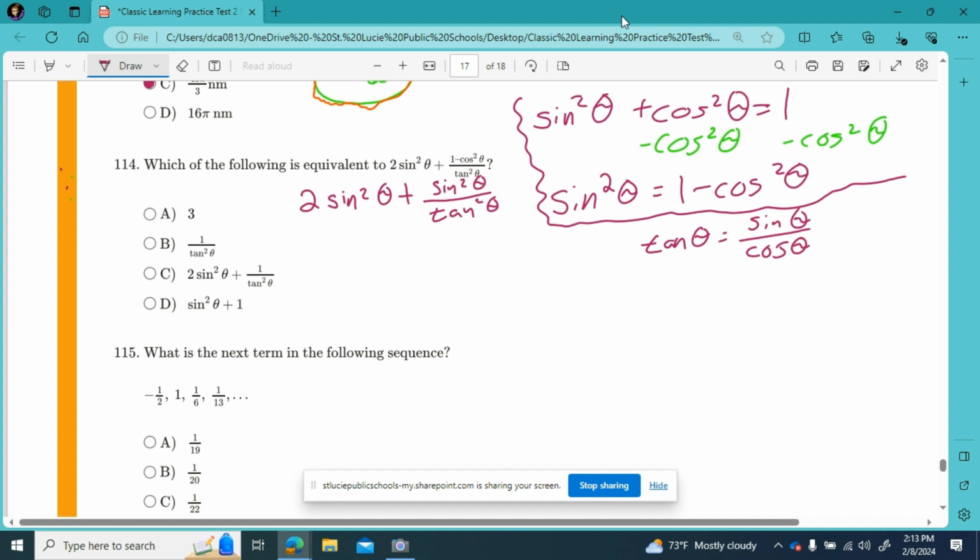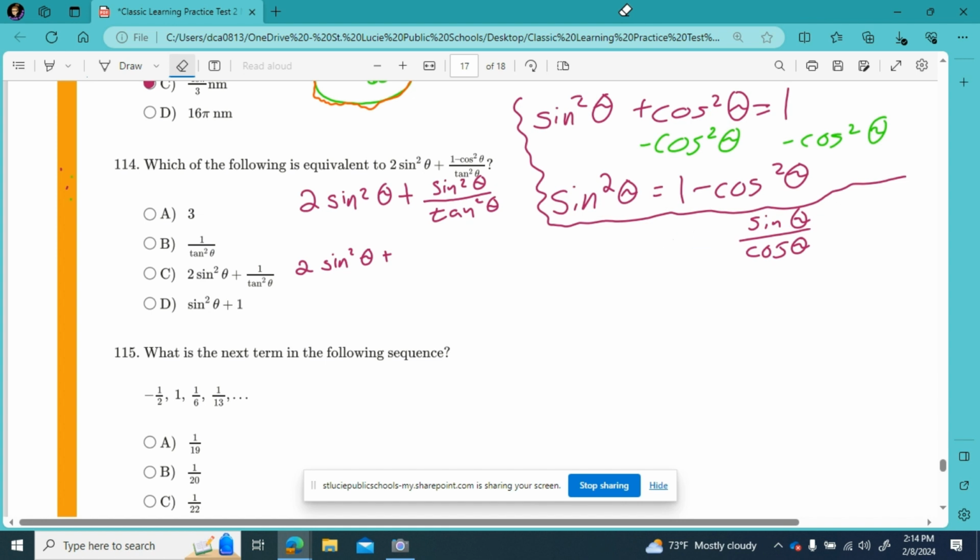So when we look at this here, I can rewrite this. Let me see here. 2 sine squared theta plus, so if I wanted to take sine squared theta and divide it by tangent squared theta, let me just look at this right here.